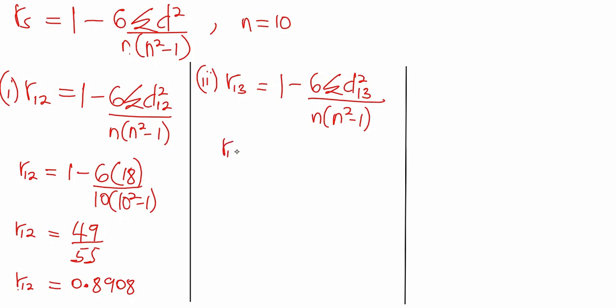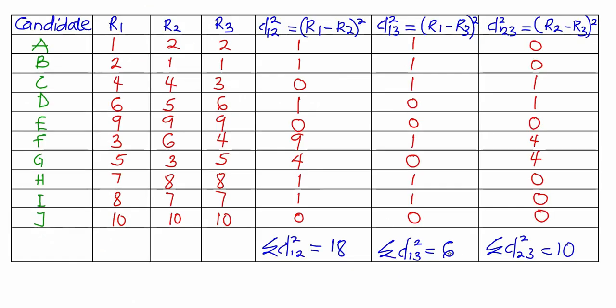So the R of 1, 3 is equal to, so when we substitute 1 minus 6 multiplied by the summation of d squared 1, 3 from the table, we said is 6.